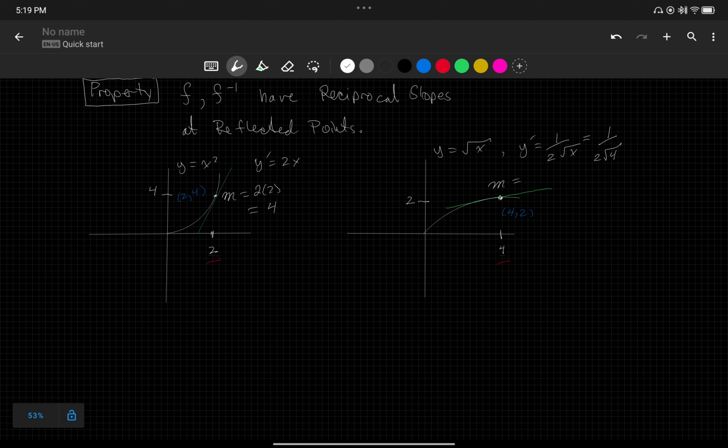So then that's going to be 2 times 2, 1/4. So are they reciprocal slopes? Let's see this guy right there, and this guy right there. So yep, they're reciprocals. So then that only works if they're inverses and if they're reflected points.